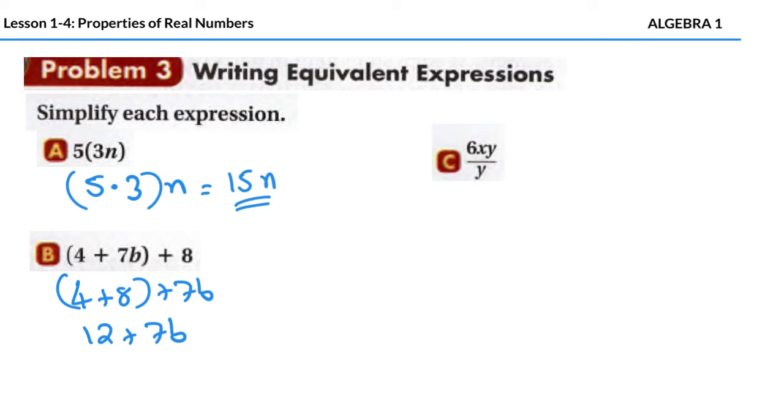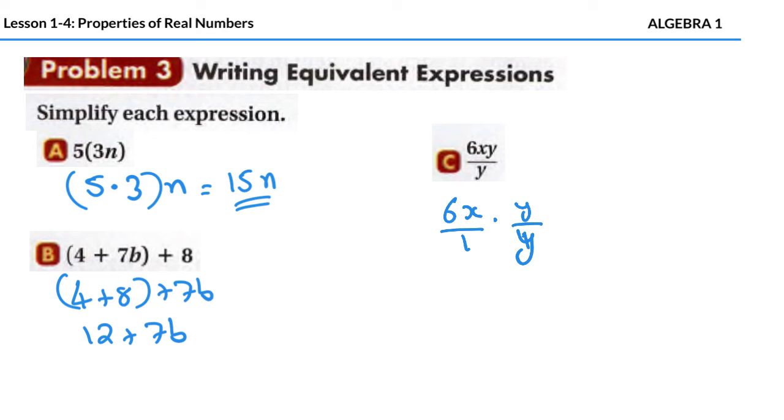6xy divided by y. Can I write the same thing as 6x over 1 times y over y?